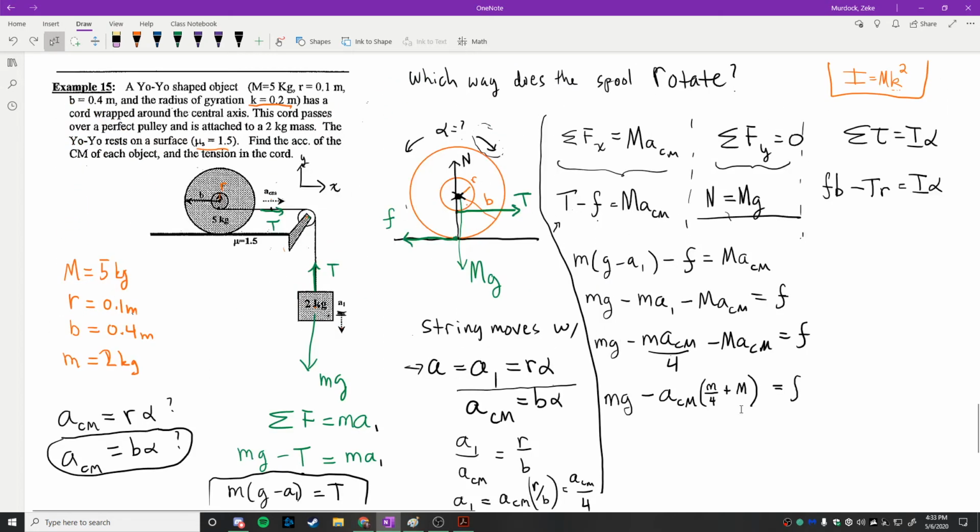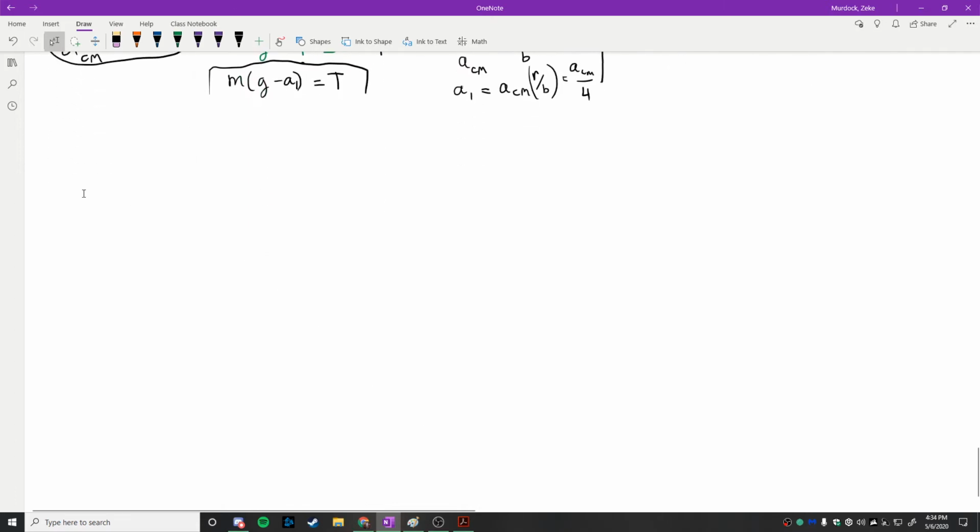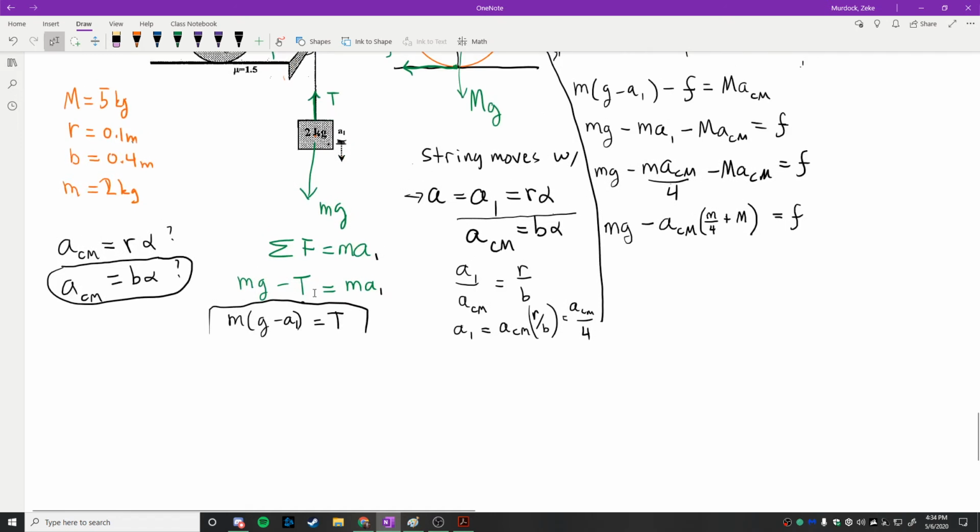Wait, what did I just do? Okay. So we've got this equation here. Why is it not pasting it? Copy, paste.